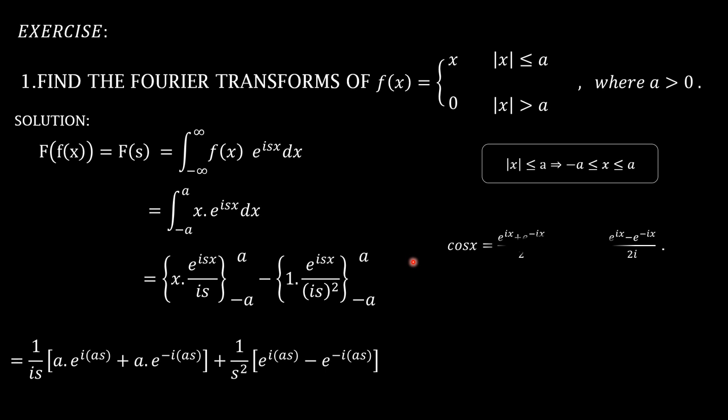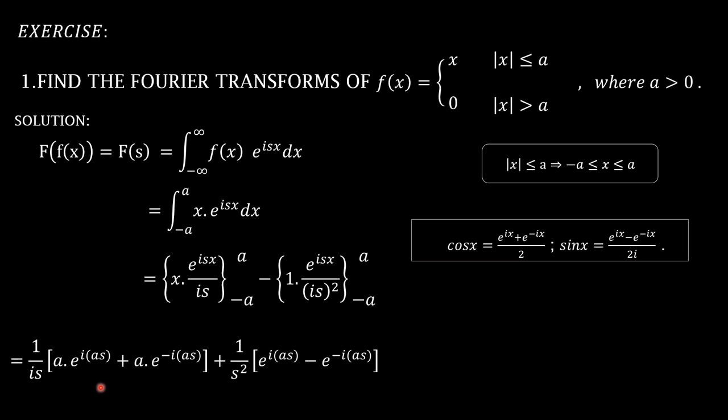Apply the limits and observe that cos x can be written as e to the power ix plus e to the power minus ix by 2 and sin x can be written as e to the power ix minus e to the power minus ix by 2i.